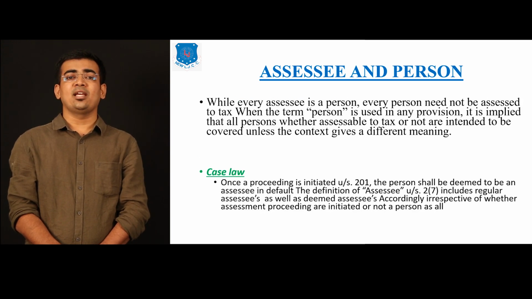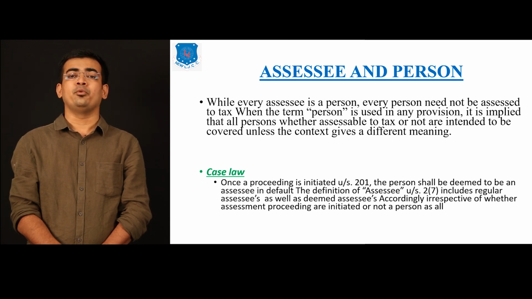While every assessee is a person, every person need not be assessed to tax. When the term person is used in any provision, it is implied that all persons, whether assessable to tax or not, are intended to be covered unless the context gives a different meaning. We are taking one case law.